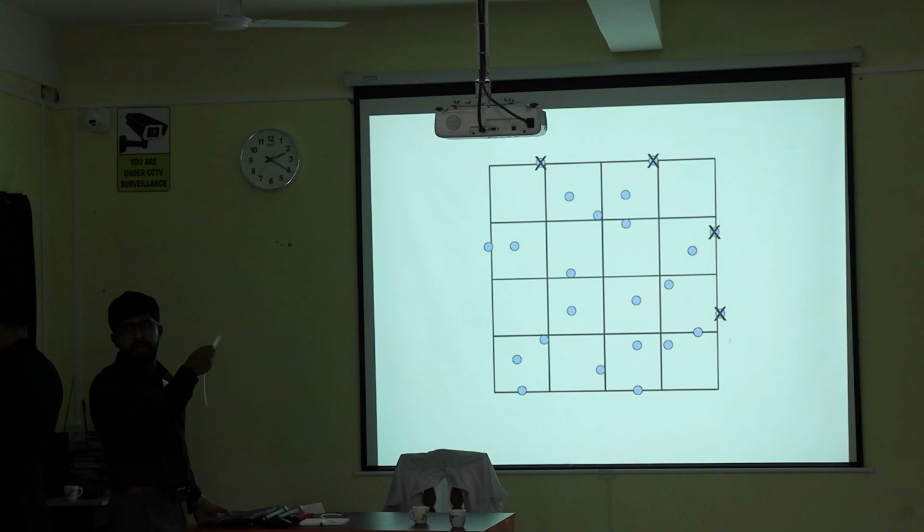Can anyone tell me how many cells are there?